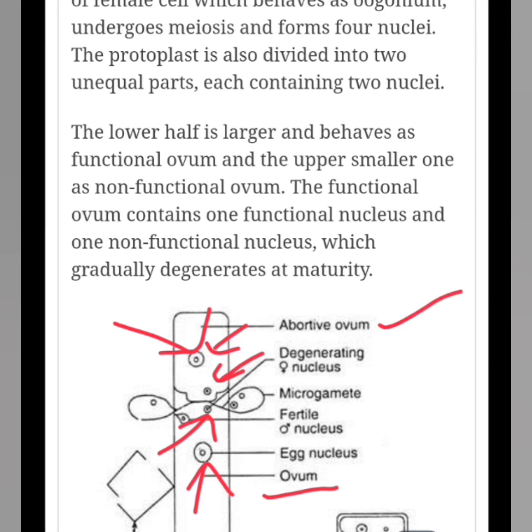And now the functional ovum contains one functional nucleus and one non-functional nucleus. You can see the nucleus here which is bigger in size, it is the functional nucleus, whereas this one which is smaller in size is non-functional. And at maturity it will start to degenerate.